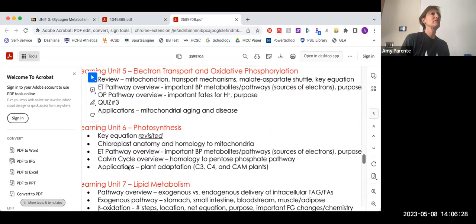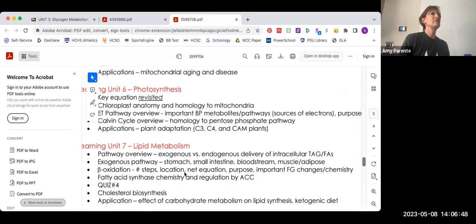We're not that high level here with photosynthesis. It's really understanding that photosynthesis is a reversal of our key equation, right? So the key fuel equation is reversed as we revisited it, and understand chloroplast homology to mitochondria.